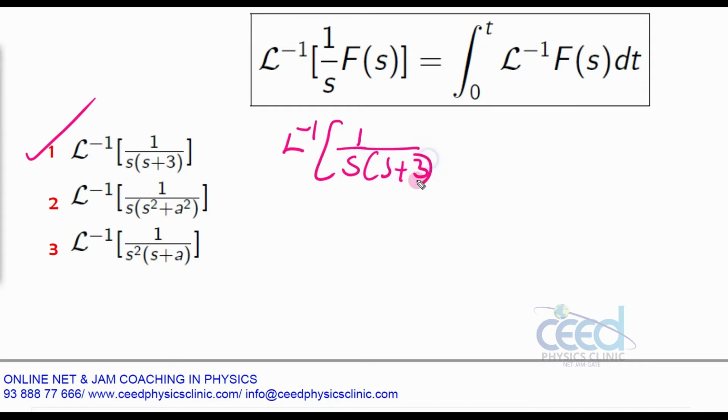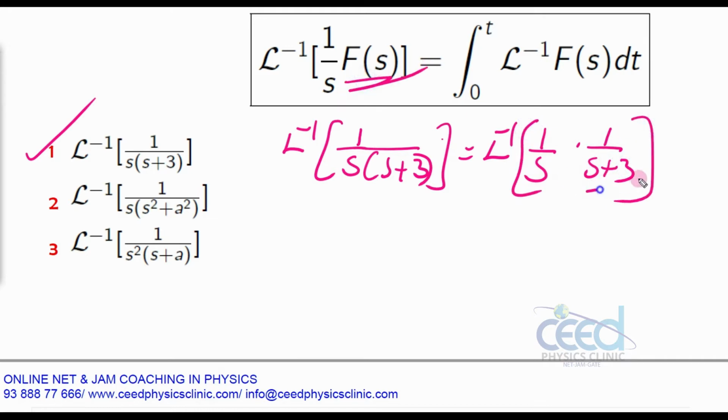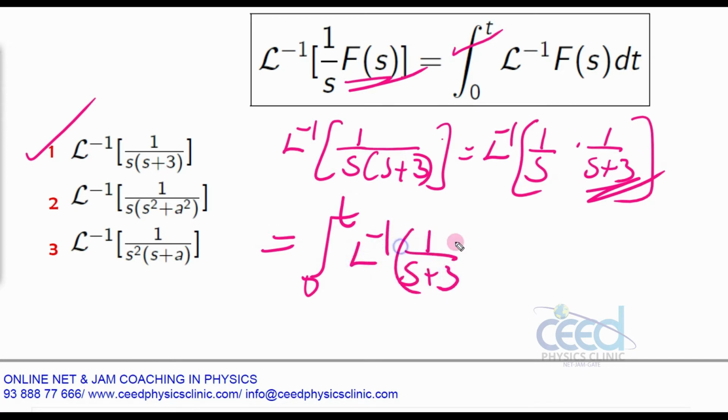I can write this as Laplace inverse of 1 by s into 1 by s plus 3. Here this term will be f of s. Applying the result, it is the integral from 0 to t of Laplace inverse of 1 by s plus 3 dt.